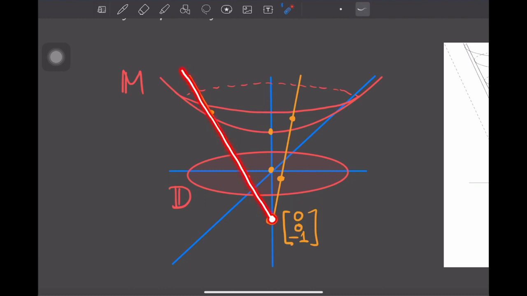From the south pole I throw straight lines, and wherever the disk and the upper sheet of the hyperboloid are hit, they are corresponding points under what I'm again going to call stereographic projection.